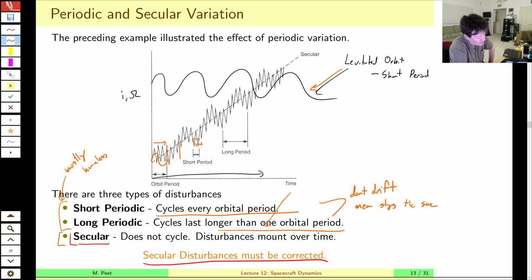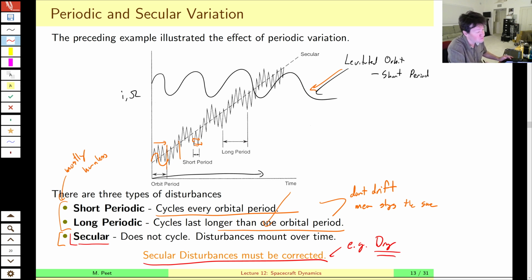The exception is in the case of drag, where you've got to keep boosting your satellite or spacecraft in order to not fall into the atmosphere. So the biggest source of secular perturbations is drag.